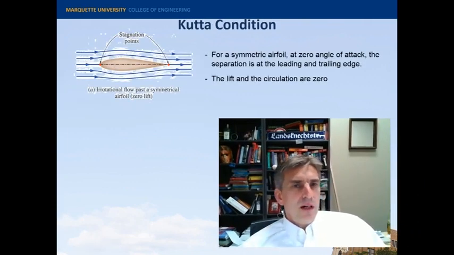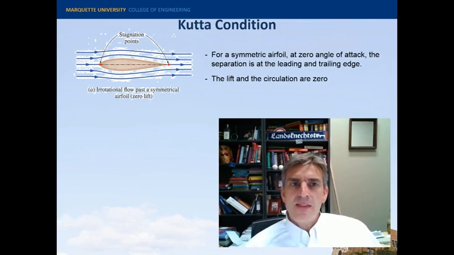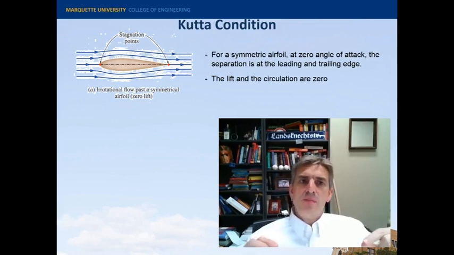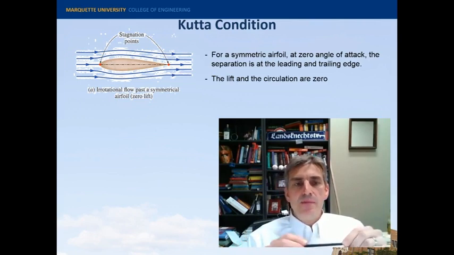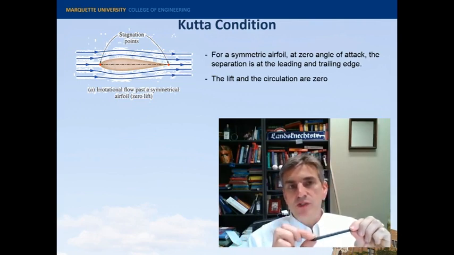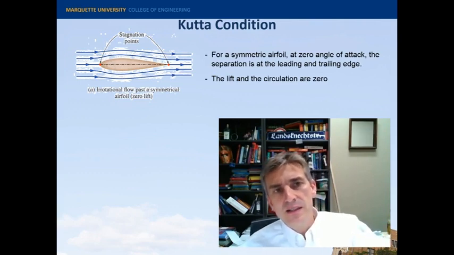So the Kutta condition is a requirement that the flow around the body meet at the trailing edge and be tangent to the chord line. So let me show you some examples. Here is a body.